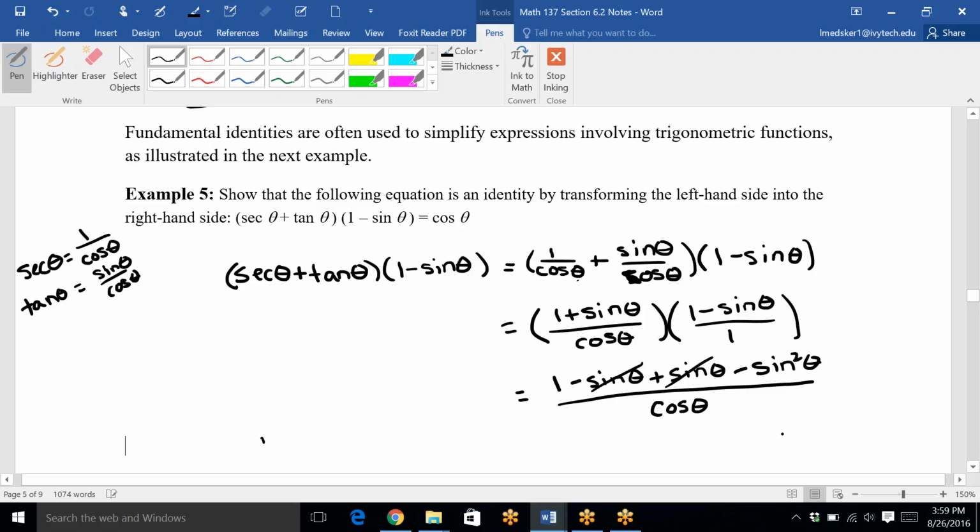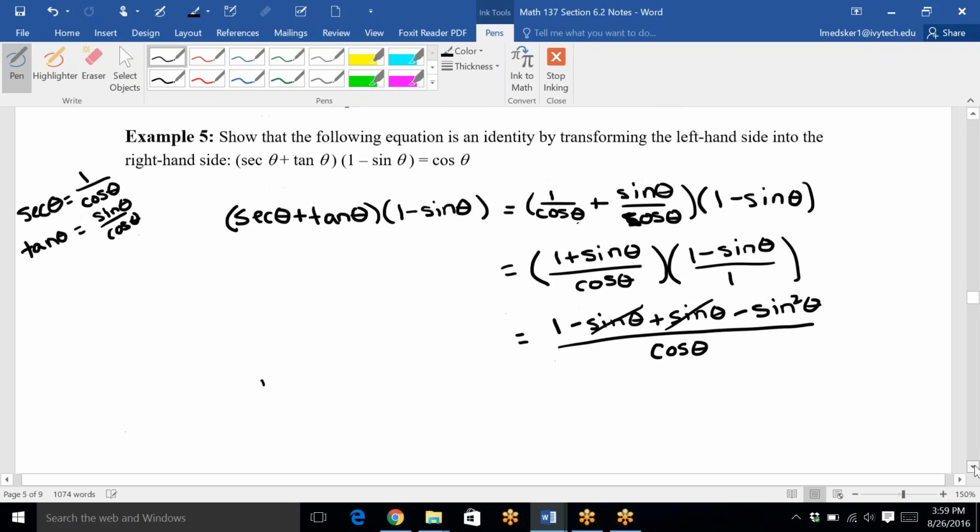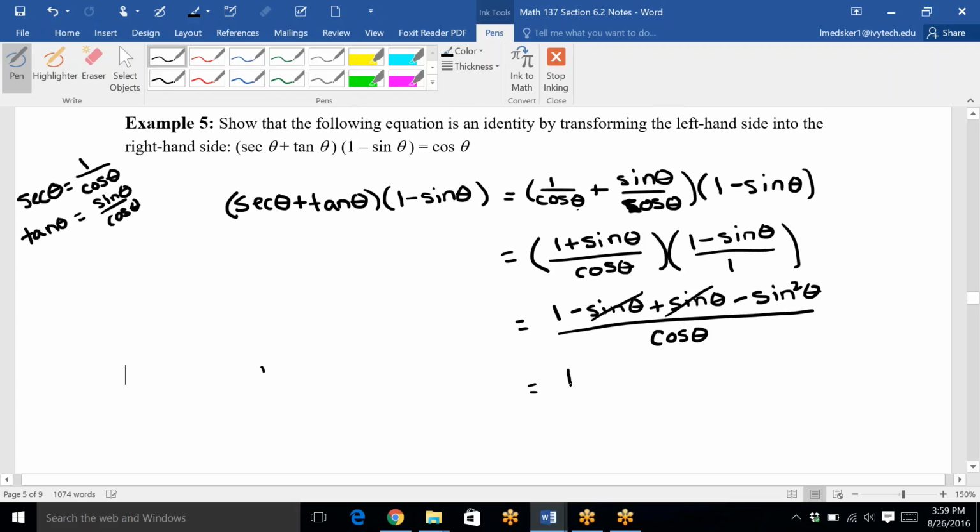Notice that there are like terms on the top that cancel. They're both sine thetas. One is positive and one is negative. So that leaves me with 1 minus sine squared theta on top. And this is where our final identity comes into play, because we had a rule that said sine squared theta plus cosine squared theta equals 1. That was our Pythagorean identity.